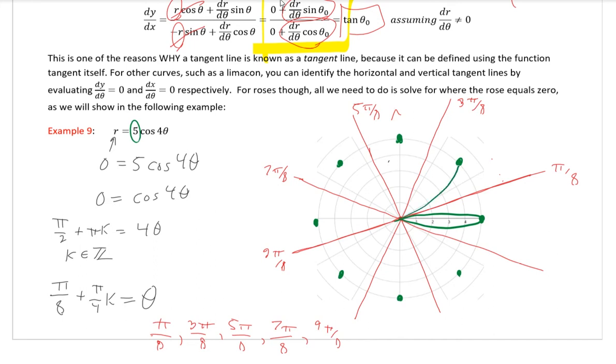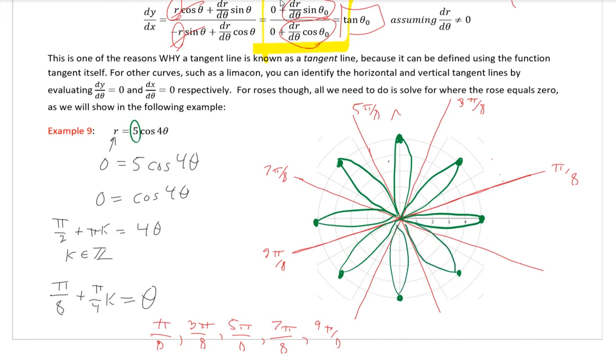Petal there, petal there, petal there, petal there, and I'll just finish the rest of this off. If we also check the equation itself, because we had 4 theta, that implies we have 4 times 2 equals 8 petals, which looks like we have 1, 2, 3, 4, 5, 6, 7, 8. We have 8 petals.